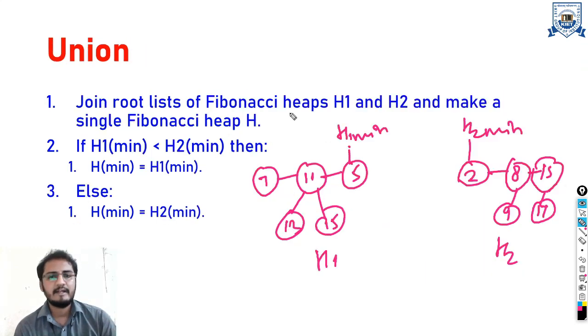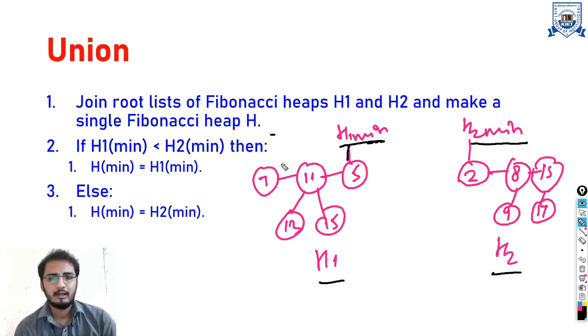Okay, now let's see the union operation. Suppose you have two heaps. This is h1, this is h2. This is the root list of your h1 heap, and this is your h1 min. This is the root list of your h2 heap, and this is your h2 min.